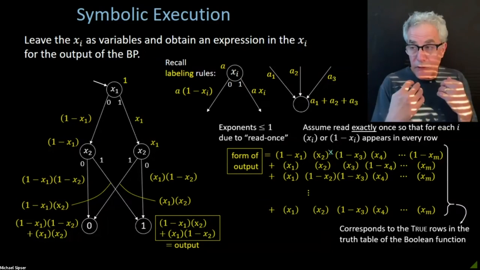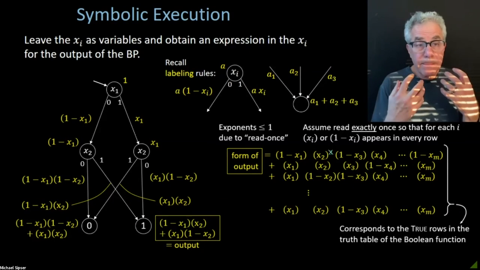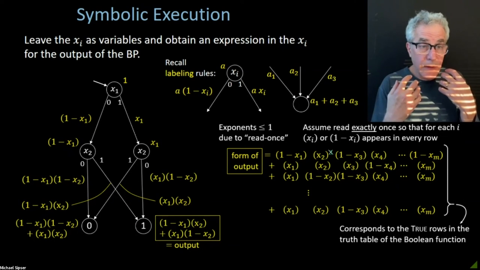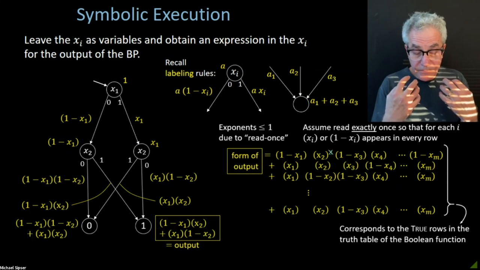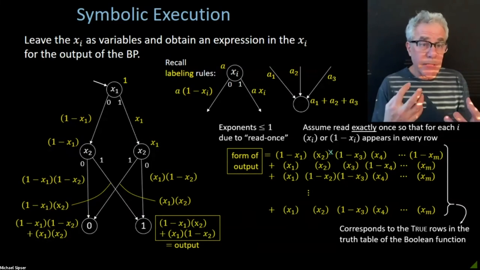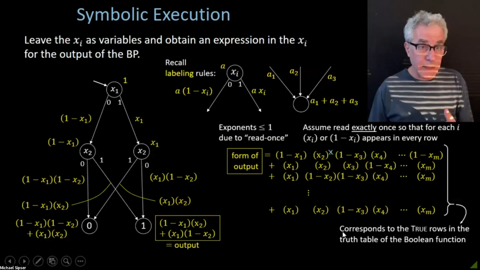Because if the two branching programs are equivalent, the truth tables will be the same, and therefore these polynomials will be the same.